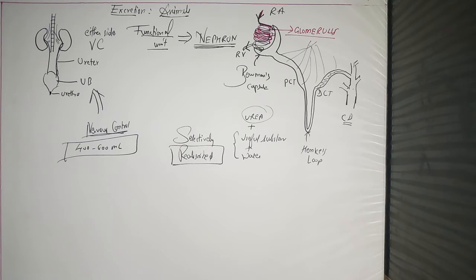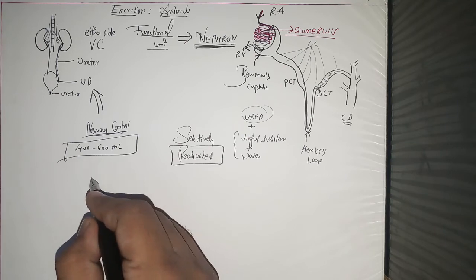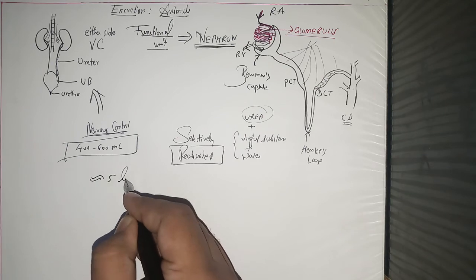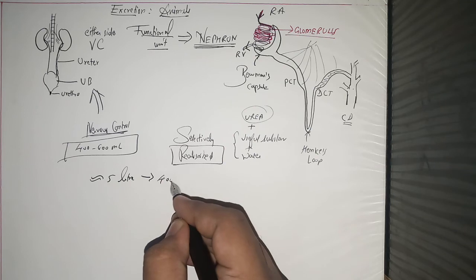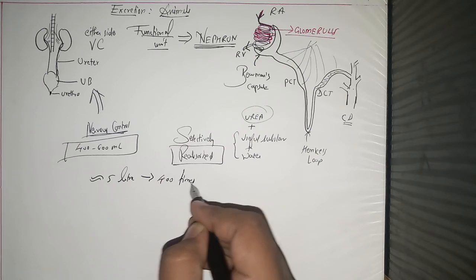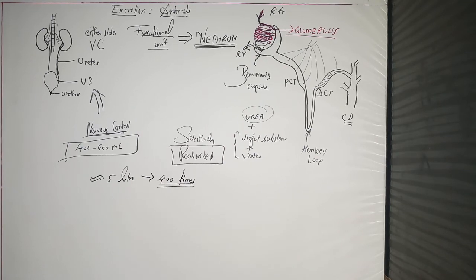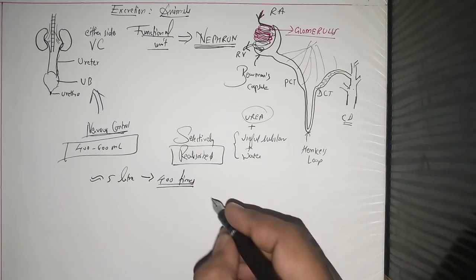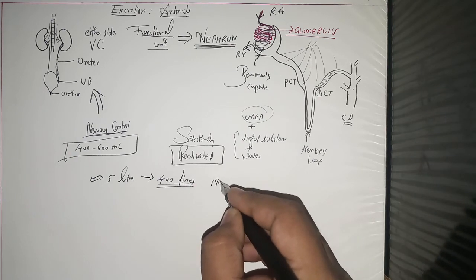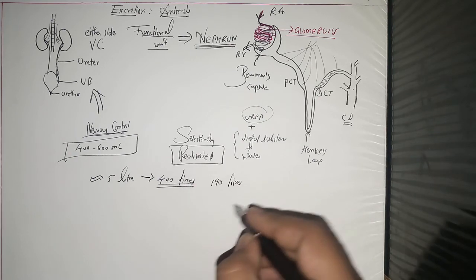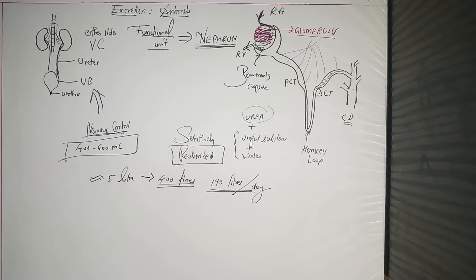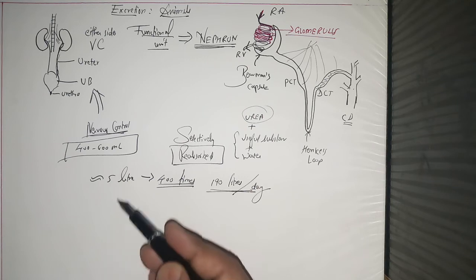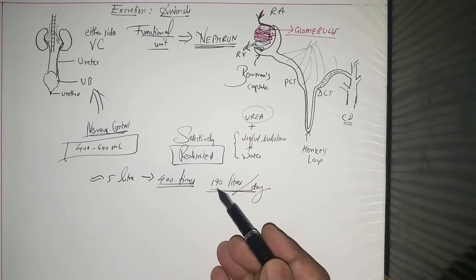An interesting thing about this is that approximately 5 liters of blood is filtered by the kidney 400 times. Amazing, right? Actually 190 liters of blood is filtered per day. Don't go into the calculation, 5 fours are 20 and that sort.